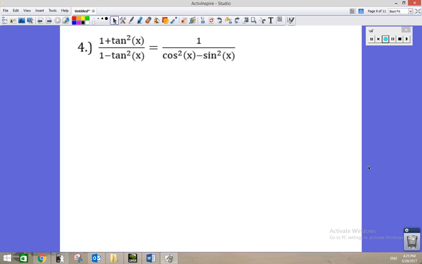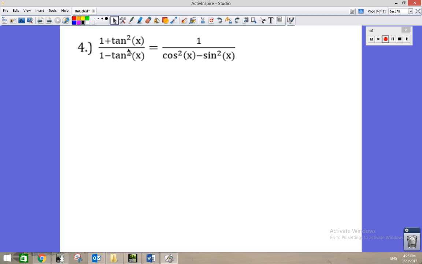Now, boy, on this one, I guess you could really start out on either side, because how are you going to claim that one side is more complicated than the other? Boy, if that were sine squared plus cosine squared, I'd gravitate towards it. We do have a double angle formula, but that's not going to get me.